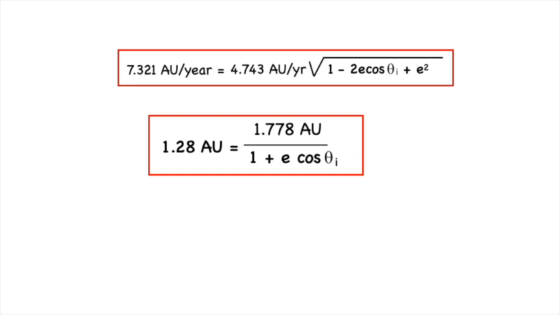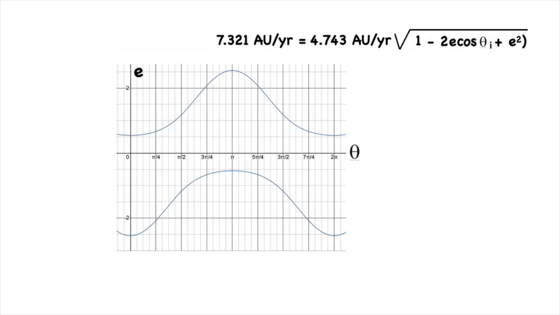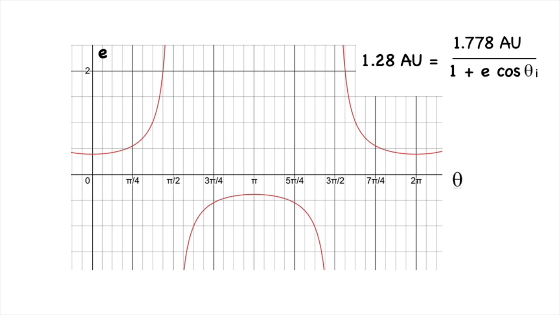First, here is a plot of the first equation, showing E as a function of theta sub I. Next, I'm going to show you a plot of the second equation, once again showing E as a function of theta sub I. Note that negative values for E have no physical meaning in this context, and we need only be concerned with positive values for E. Finally, here is a graph of the two equations together showing the relevant points of intersection.